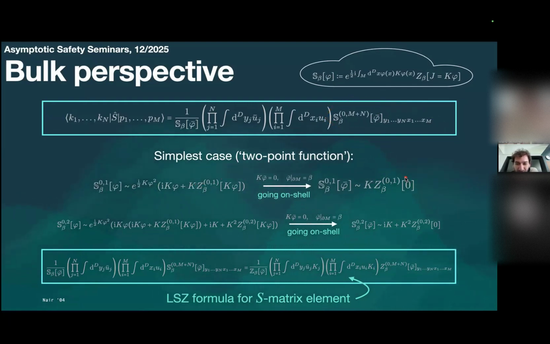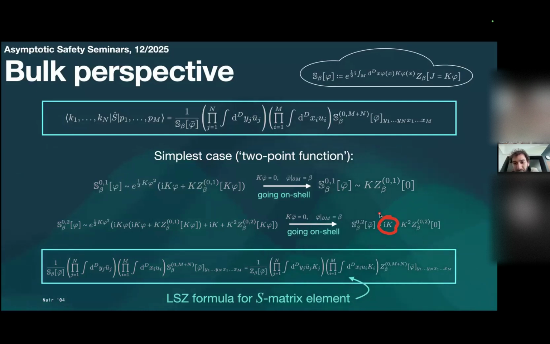It turns out that maybe this one derivative case is a bit too simple to explain the general mechanism. So I also wanted to show you what happens if I take two derivatives. If I do that once more, I apply the Leibniz rule, chain rule, I go on shell. Then what I recover is something like this. So now, once again, I have something like what appears in the LSE formula, but I also have this extra term that might look annoying at first.